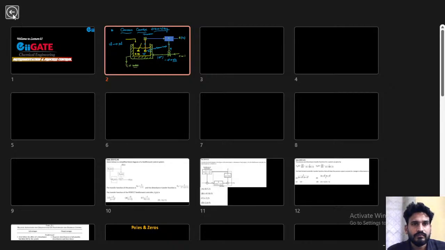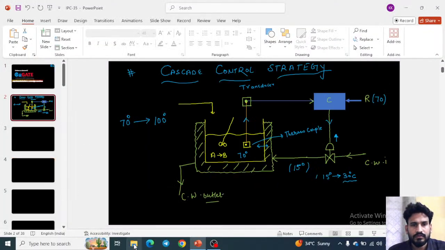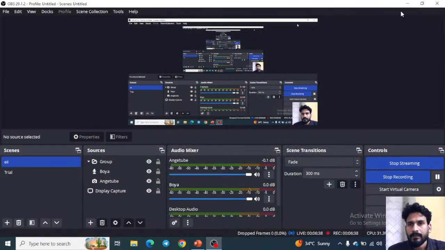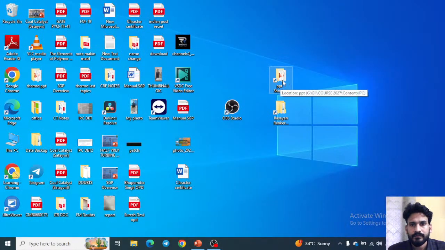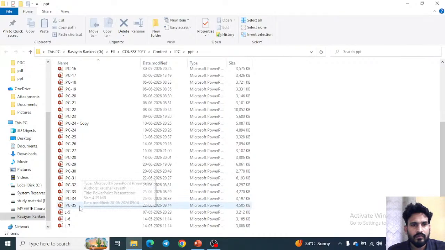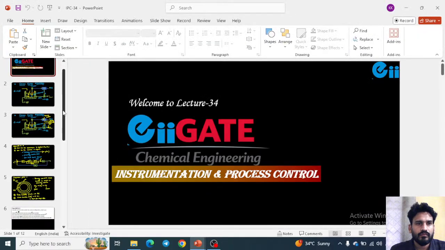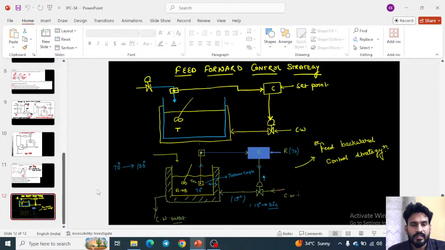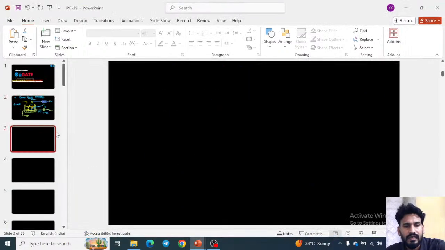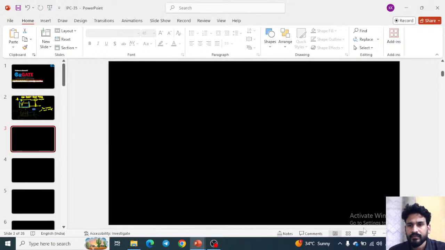Okay, this was the feed forward control strategy we were discussing, and the cascade control strategy is completed from our end.